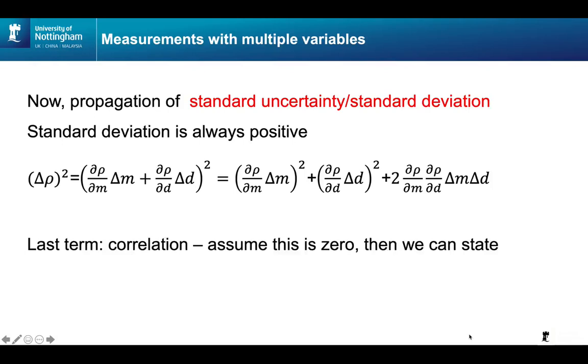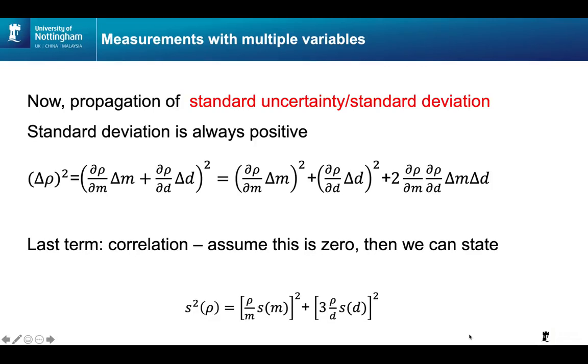So the last term is what we call the correlation term, and we're going to assume that's 0. In many cases it is, or it's either 0 or it's very, very small. Subtly, in this example, it must be 0, and I'll come on to tell you about that a bit later.